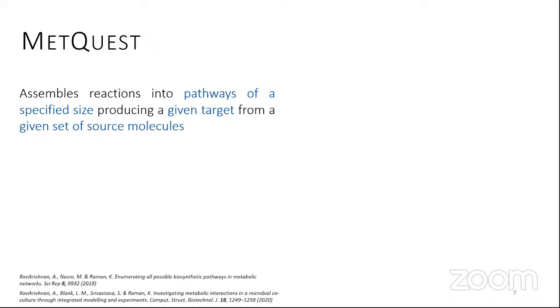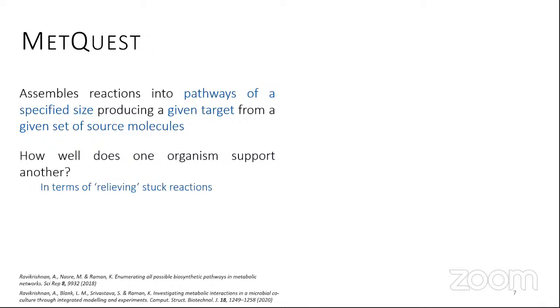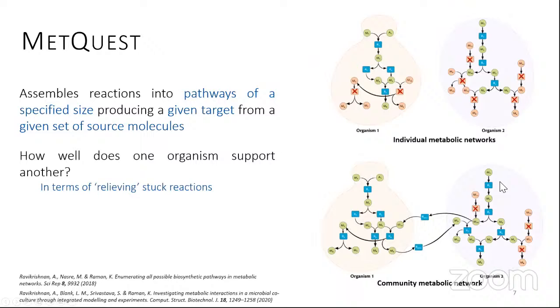This can be used to understand how one organism benefits in the presence of another, in terms of relieving stuck reactions. The figure on your right is from Arti's paper. On the top right, you see the individual metabolic networks of organisms 1 and 2.